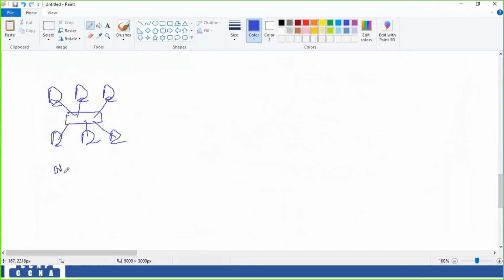A network, because the interconnection of 2 or more devices is called a network. Now how can device 1 identify device 2? How can devices identify each other and communicate? What do we need to do?